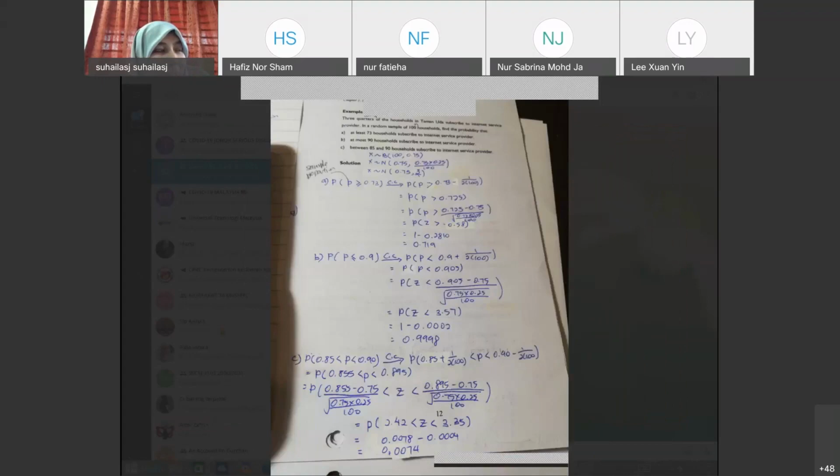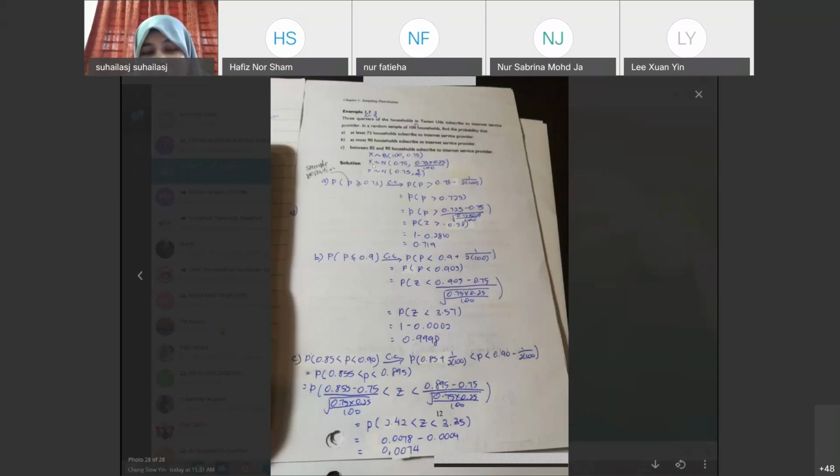This one is for one sample proportion. Normally the marks for sample proportion is 4 marks. You have your X; if you want to write it, X is binomial distribution and so on. But the important thing is to make sure you write P. P is normally distributed, your mean is 0.75, variance 0.75 times 0.25 divided by n.